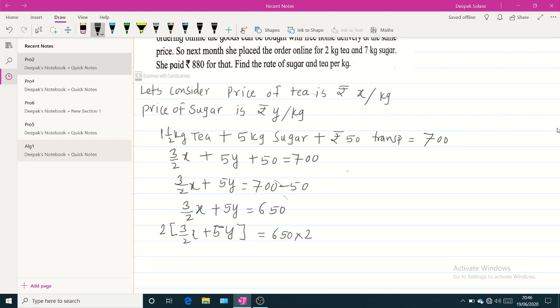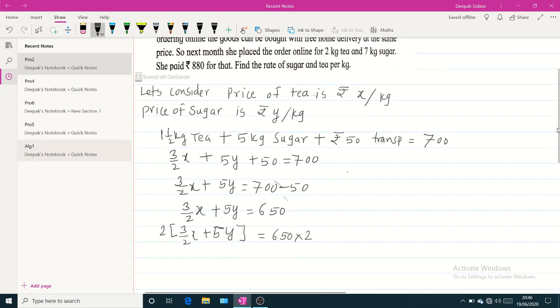So 2 into 3/2 x, plus 2 into 5y, equals 1300.